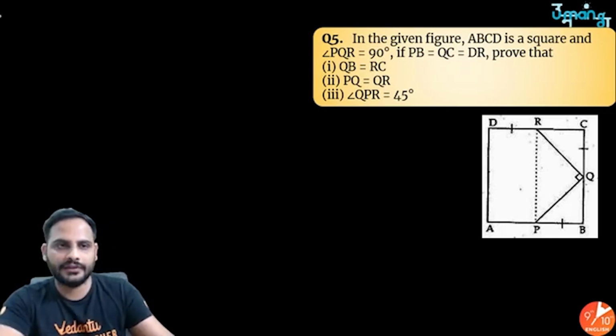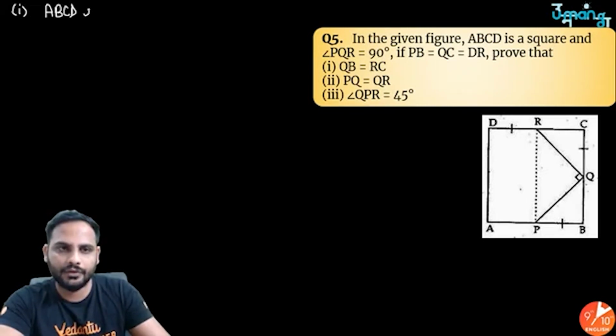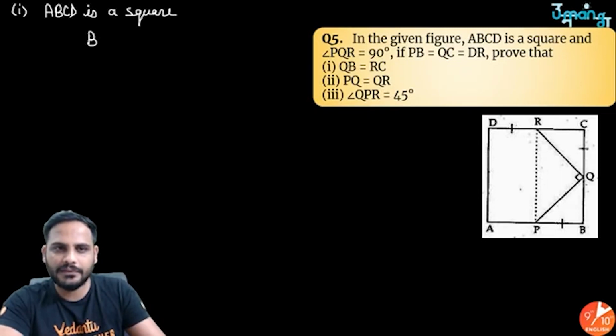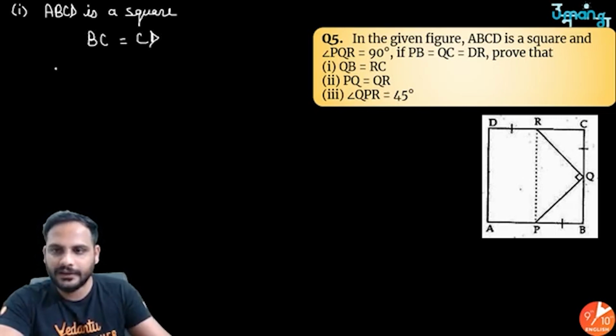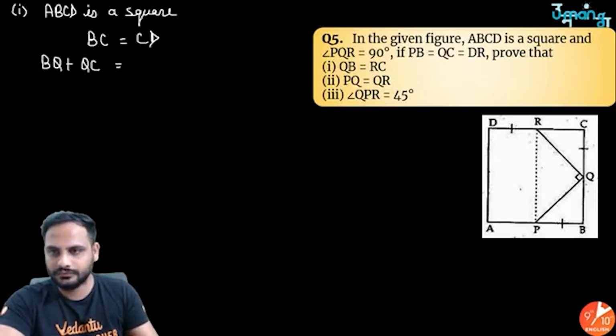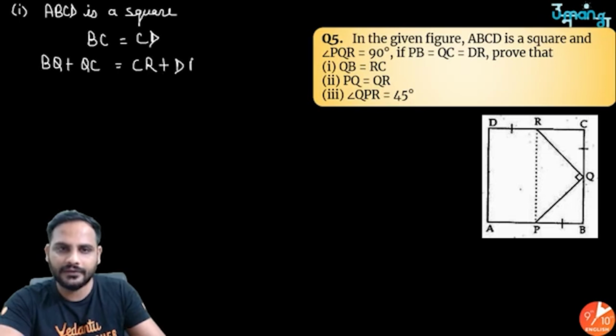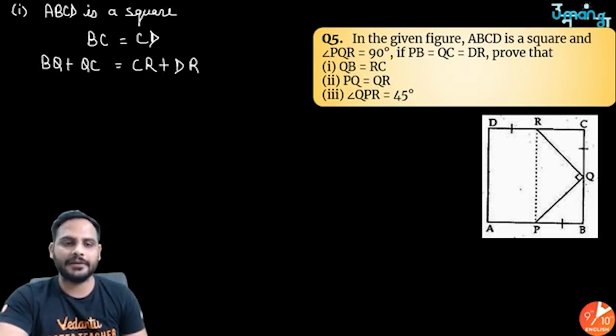Okay, now focus. We know ABCD is a square, so in which all the sides are equal. So I can clearly say that sir, BC and CD will be equal to each other. Why am I talking about BC and CD? Because BC can be written as BQ plus QC, is equal to CD, which can be written as CR plus DR. Right beta?